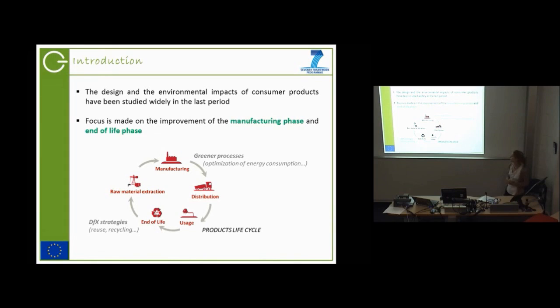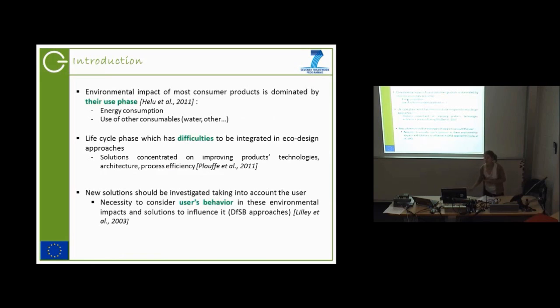For example, greener processes with the optimization of energy consumption, cleaner processes, etc. And also for the end of life, we have a lot of design for X strategies, such as design for reuse, recycling, remanufacturing. But in fact, for the majority of consumer products, the environmental impact of the global life cycle is dominated by the use phase.